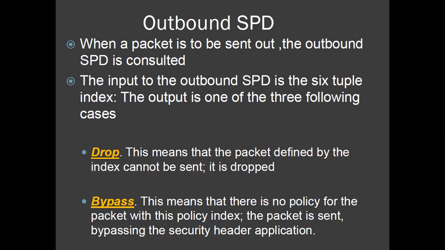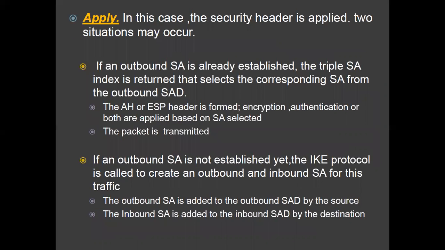The input to the outbound security policy database is the 6-tuple index as we have seen, and the output can be one of 3 decisions: to drop the packet, to bypass the packet, or to apply the security policy to the packet. Any one of these 3 decisions can be the output.